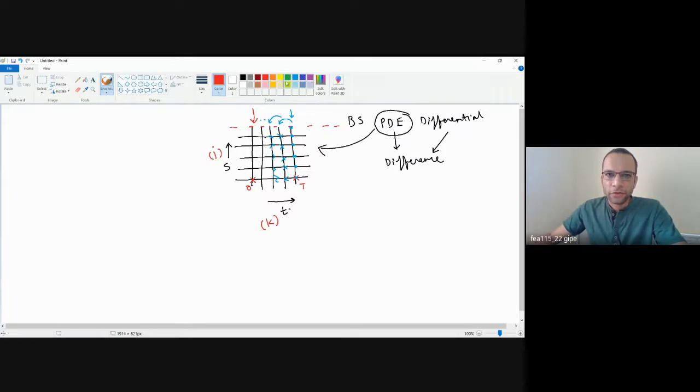And if I were to show the size of these time steps and asset steps, this you can imagine is like a delta S. So you have I number of delta S increments in this range, and here I have a delta T. That is, I'm taking these small steps along the time axis. So now I have some movement along the asset axis and some movement along the time axis, and that will help me address each of these nodes.